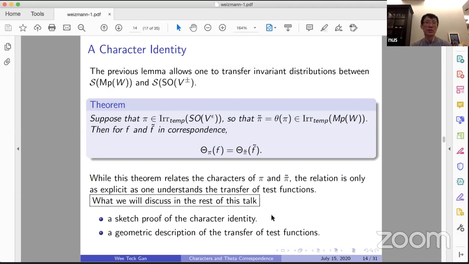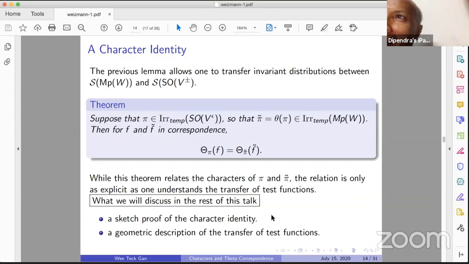So there is a correspondence of so-called stable semi-simple classes. If I'm not wrong, maybe it is even possible to refine this to the level of not just stable conjugacy classes, but conjugacy classes. I'll come to that later when I talk about this geometric description. All right. Yeah. Good. Thanks.